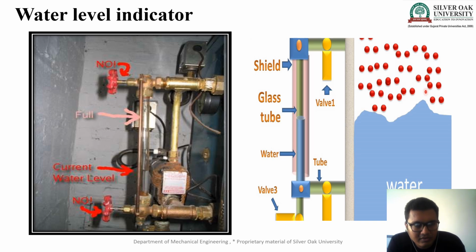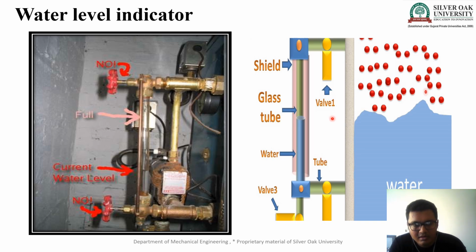In the first figure you can see an actual figure of the boiler. This is valve 1, valve 2, this is the glass tube, and it shows the current water level. Here you can see these two, valve 1 and valve 2, both valves are closed.